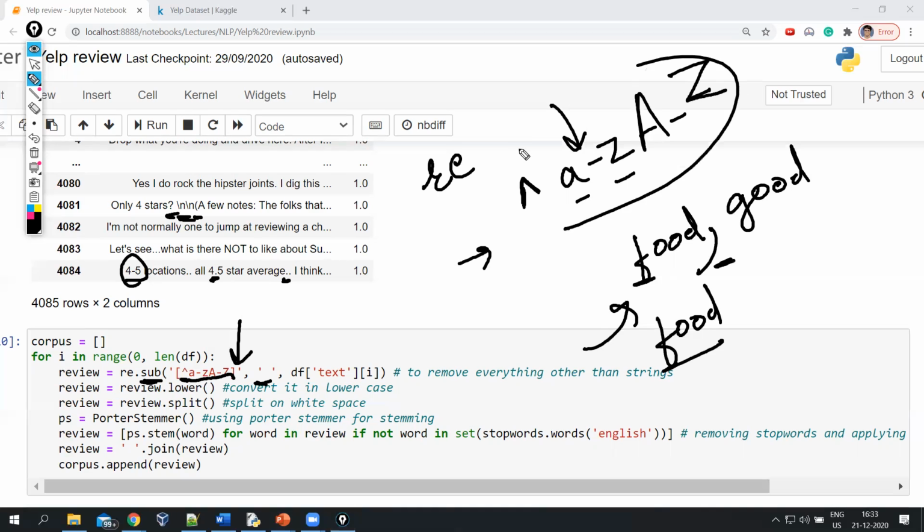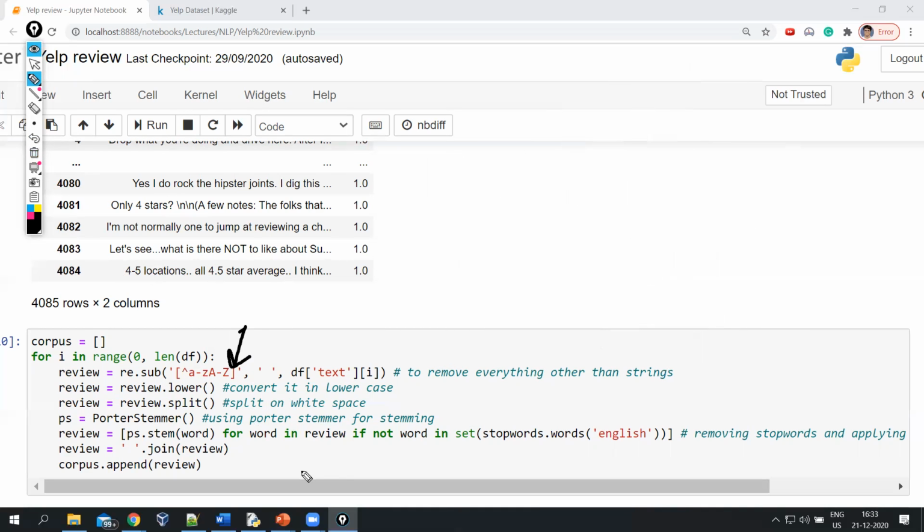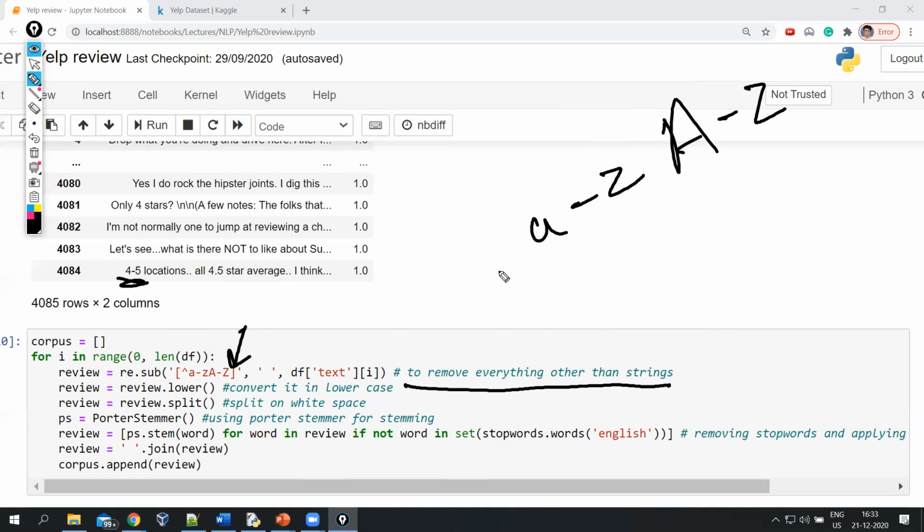The comma is not in this range, so it will create a blank space here. Then good also starts with this range, so good will also be there. In this way it will remove all the punctuations, and everything other than strings. Even the digits would be removed because they are not in the range of a to z and capital A to Z.